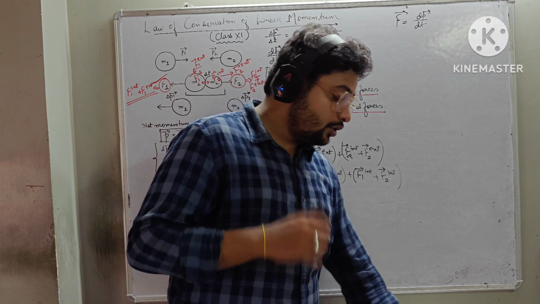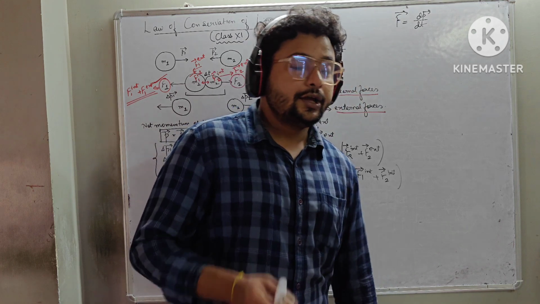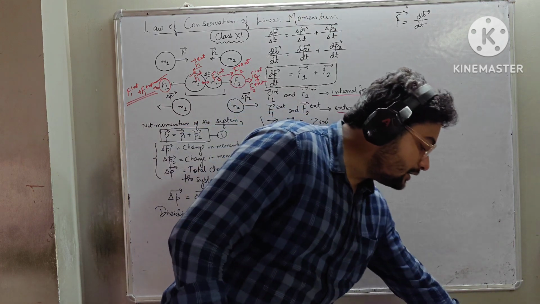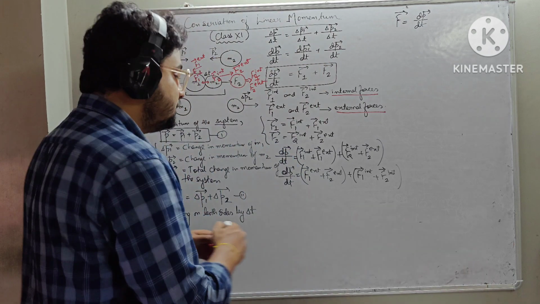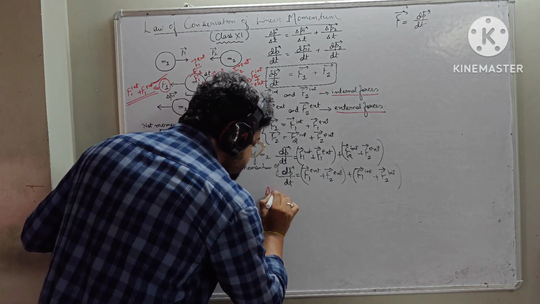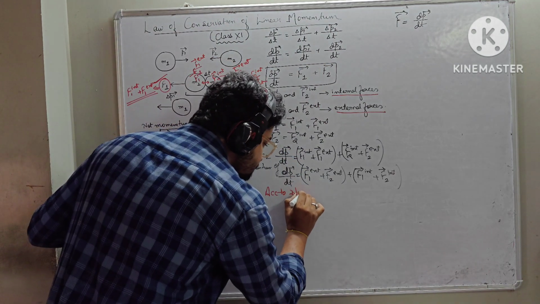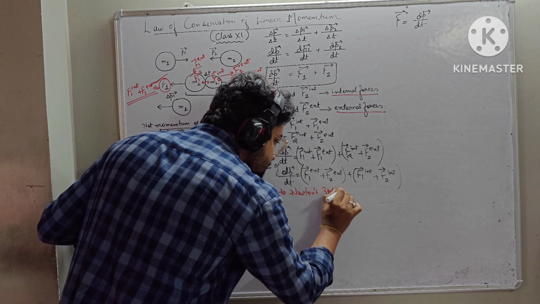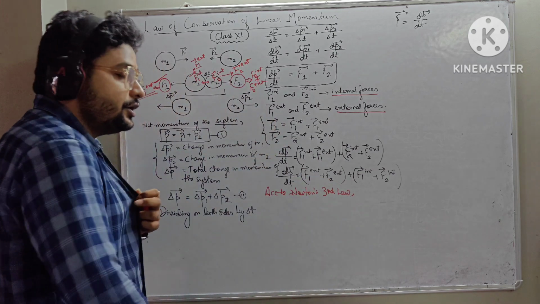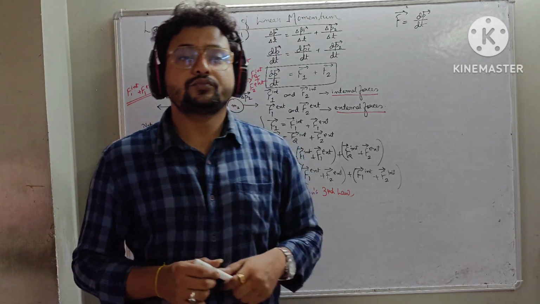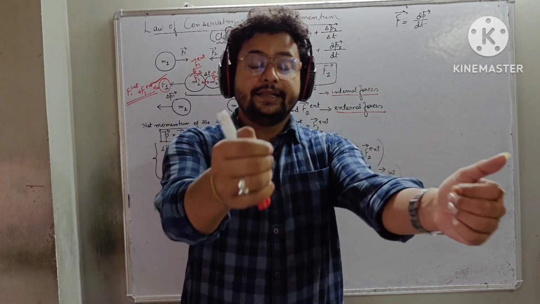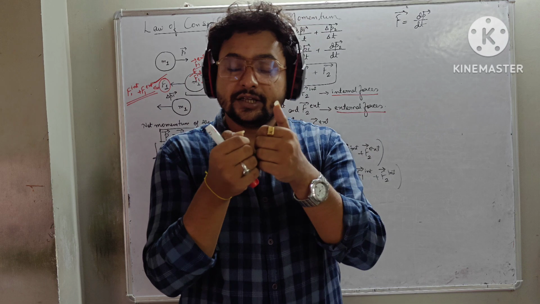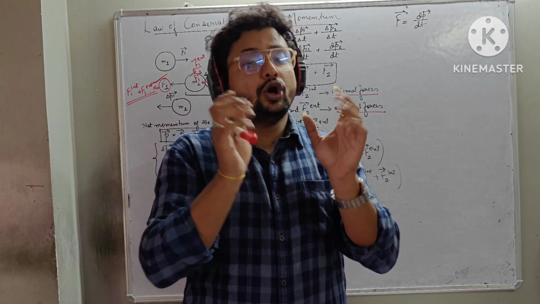Now, a very important thing you have to understand. I hope all of you know what is Newton's third law. According to Newton's third law, when two bodies collide, they are going to exert a force on each other which are equal and opposite to each other.